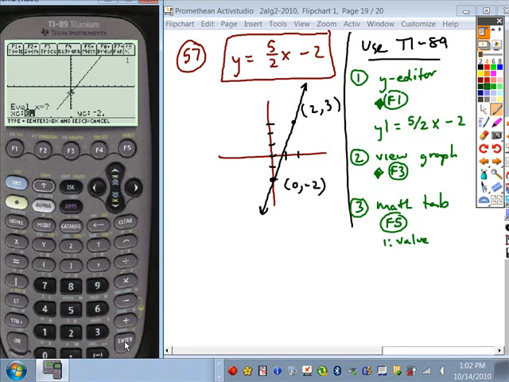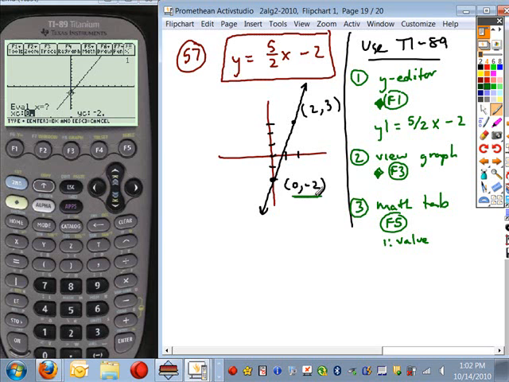One of the useful things about value is when you're in this graph mode and you access value, you can find any corresponding set of coordinates. So let's say I wanted to find what y was equal to when x is 0. It showed me right away. When x is 0, the xc just means x-coordinate of 0, then the y-coordinate is -2.